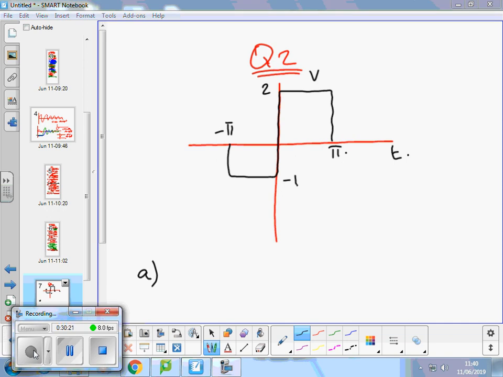The way we do that is to say V(t) equals -1 when t is greater than minus pi, less than 0.